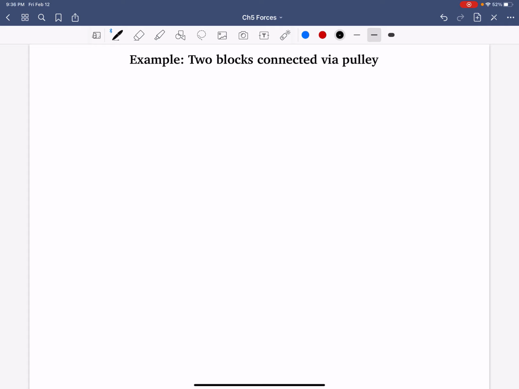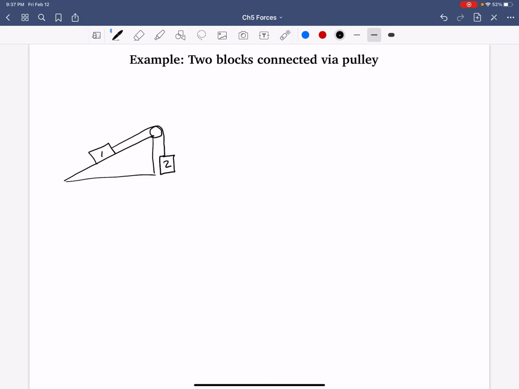So what I mean is, we have a ramp and a block, we'll call block one, and a pulley at the top of that ramp, and then a string is connecting the first block and some second block.